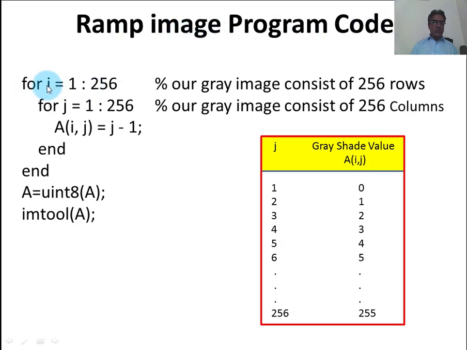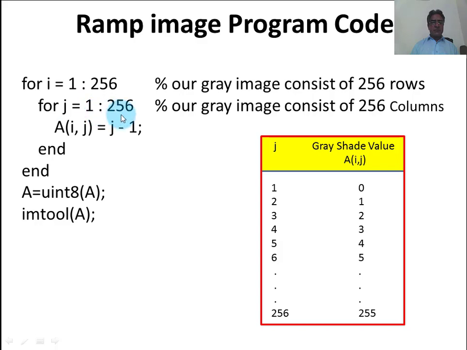I controls the rows from 1 to 256, and the value of J will be from 1 to 256. J controls the number of columns. Here this is the end of the internal loop, whose control variable is J, and this is the end of the external loop whose control variable is I.